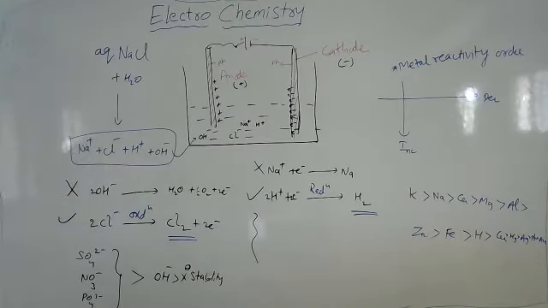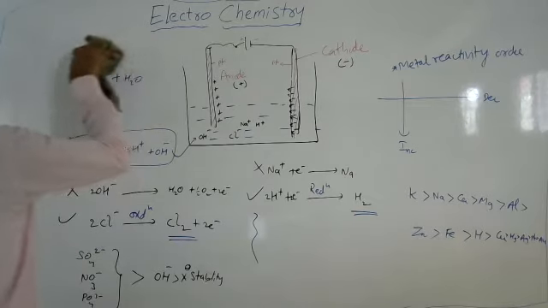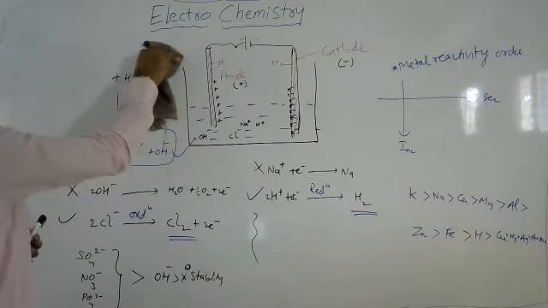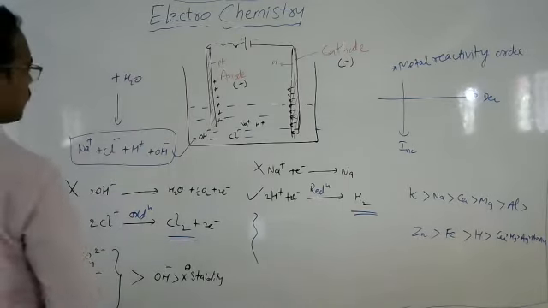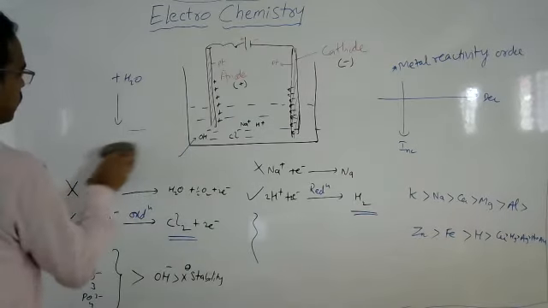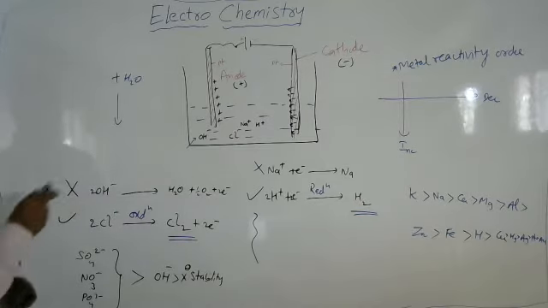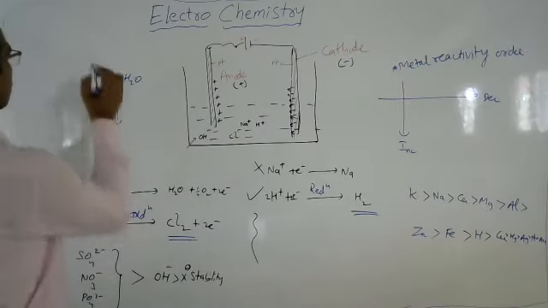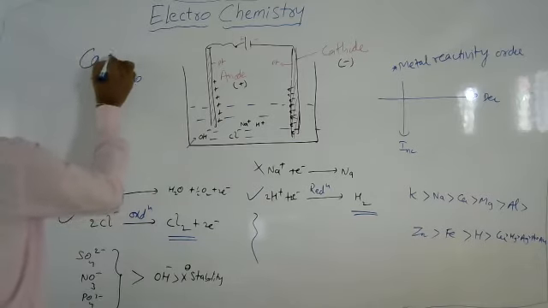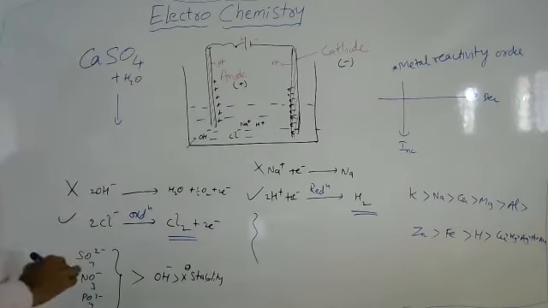Right, so I will take one example. You have to tell which gases or which metal is depositing at the cathode and anode. Now I am taking aqueous calcium sulfate.